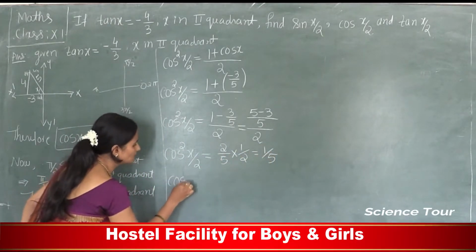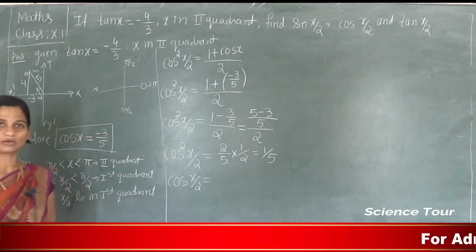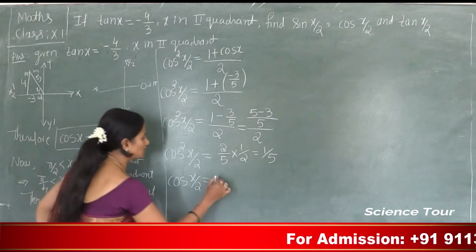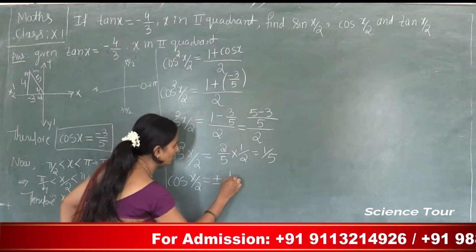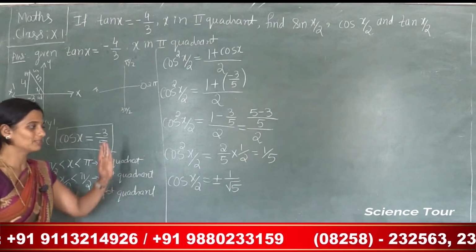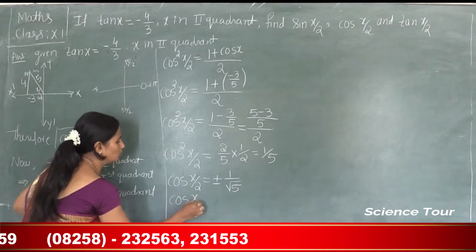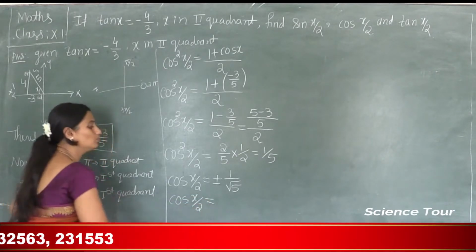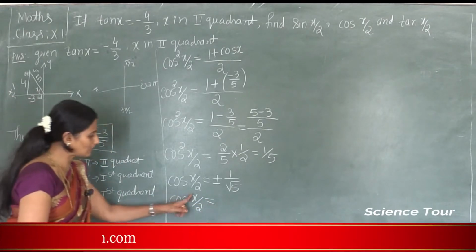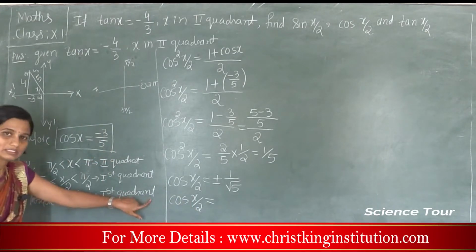So cos x by 2: is 5 a perfect square number? No, right? So it is plus or minus 1 divided by square root of 5. Now select whether it is positive or negative. Where does x by 2 lie? X by 2 lies in the first quadrant.